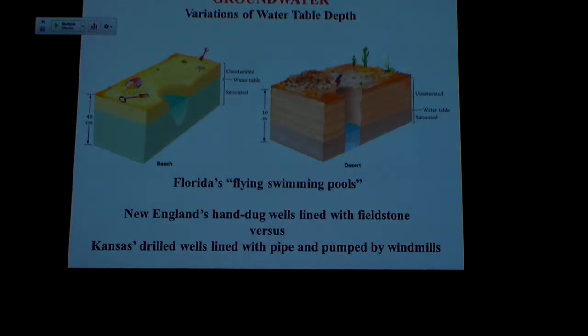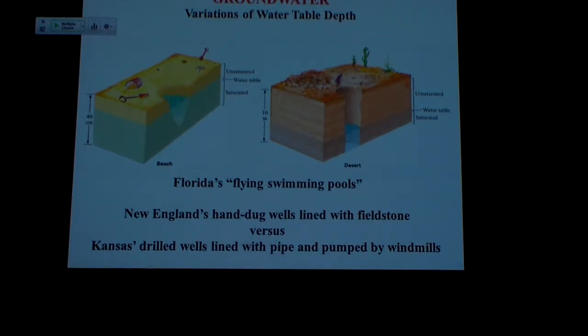In Florida, there's a problem called the flying swimming pool problem. It's because of the groundwater. It's just like putting a boat in the lake. The boat floats because of buoyancy. Well, in Florida, where they have high water tables, if you want to put your swimming pool in, you're essentially putting it into a lake where the water is there, it just has a fair amount of earth associated with it.